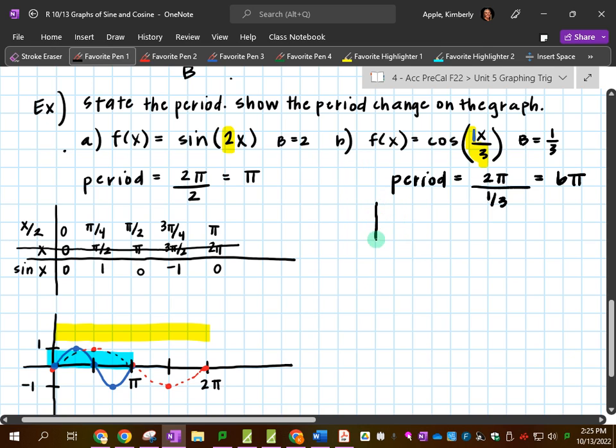So let's go again. Take our table. We'll do regular cosines. It'll be 0, pi over 2, pi, 3 pi over 2, 2 pi. Cosine is 1, 0, negative 1, 0, 1.